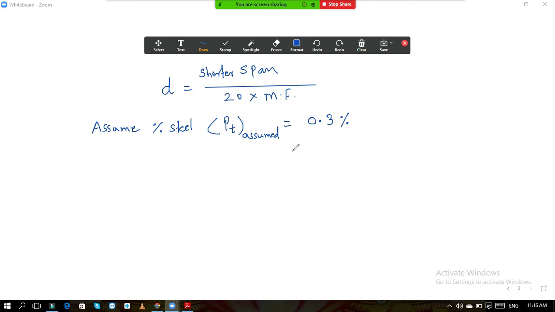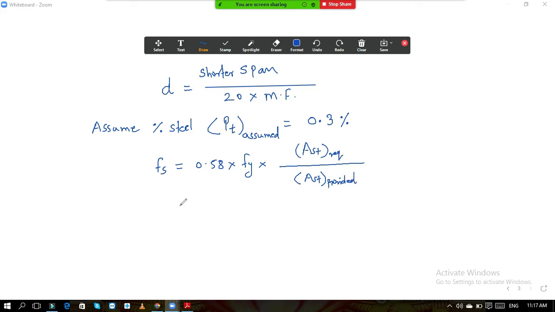Okay, so now we will calculate the Fs. You know from where we are calculating this: from page number 38, figure number 4, we have already seen this. If you are having IS code, go to page number 38, figure number 4, and check these calculations. We have already done this before. So now Fs is equal to 0.58 into Fy into AST required divided by AST provided.